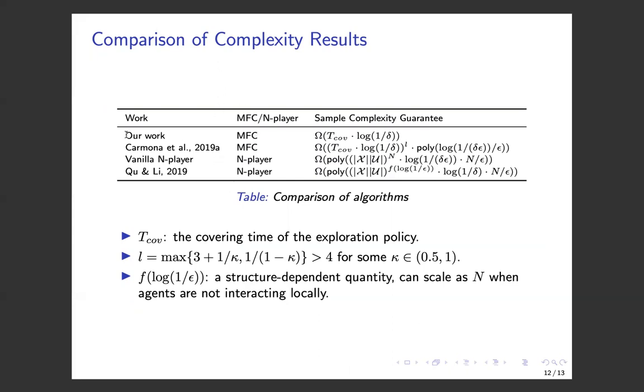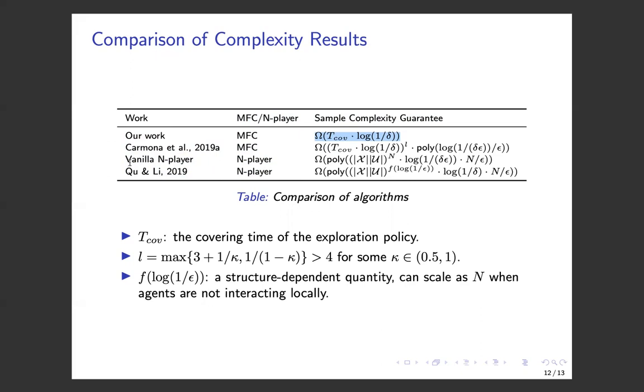So you can see the first 2 works all use the mean field approximation, but our sample complexity is much better than the second one, because in the second one, they didn't take advantage of the deterministic dynamics, which results in a worse sample complexity.